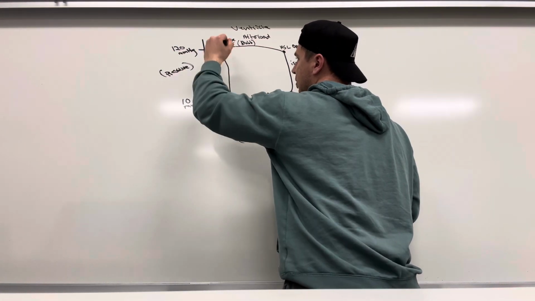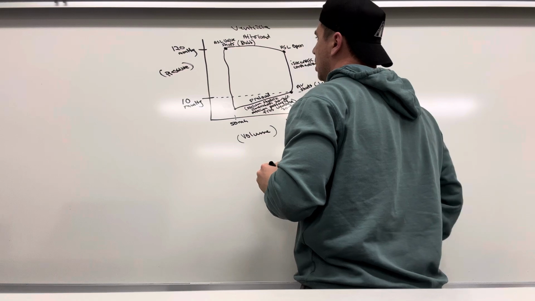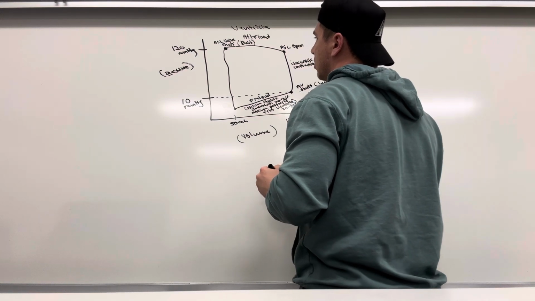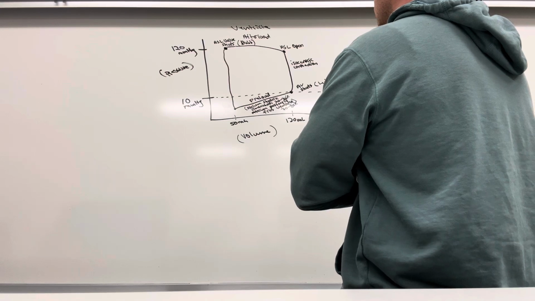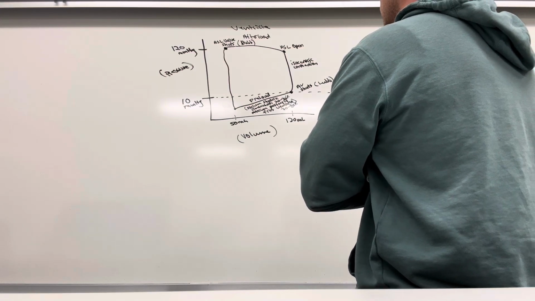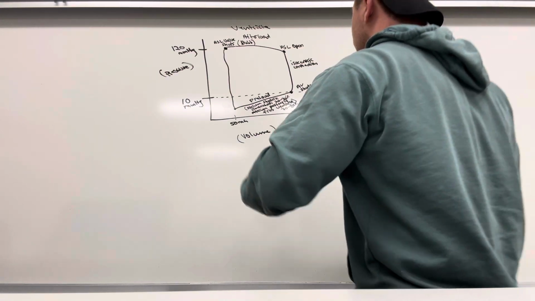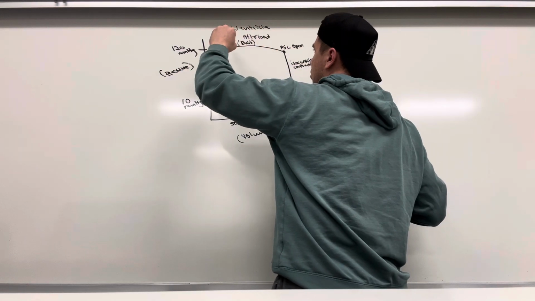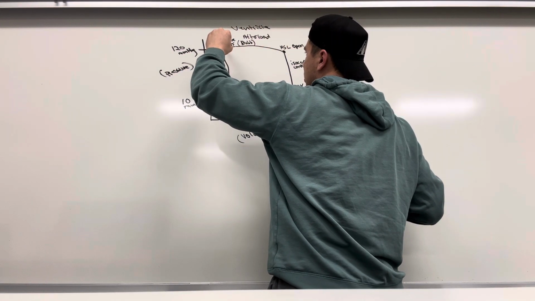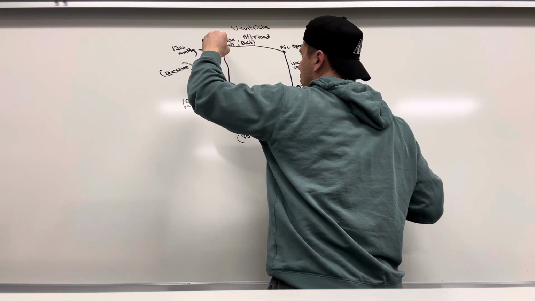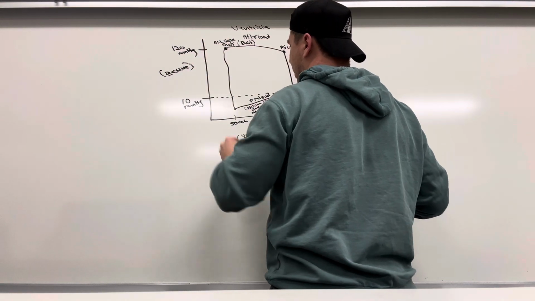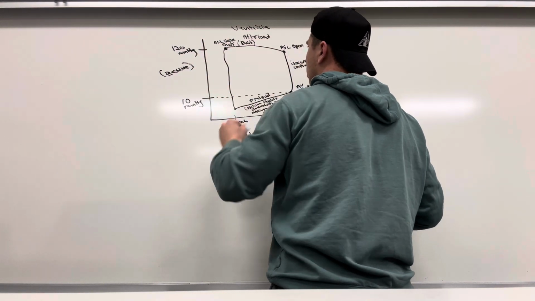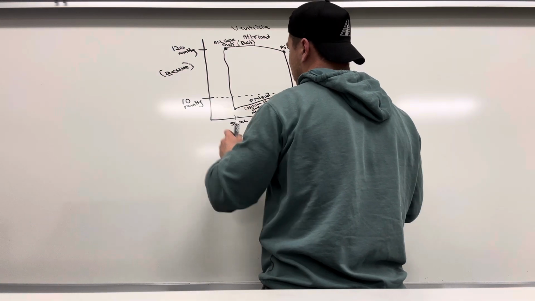And then we have this decrease in pressure that will occur. So we lose volume, and then once we lose enough volume, our pressure will start to go down. Then once it shuts, our pressure will drop all the way back down, and then we'll open up here.